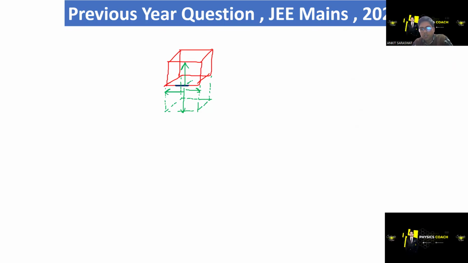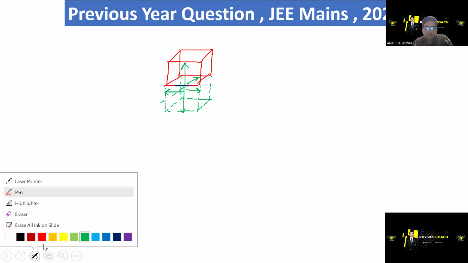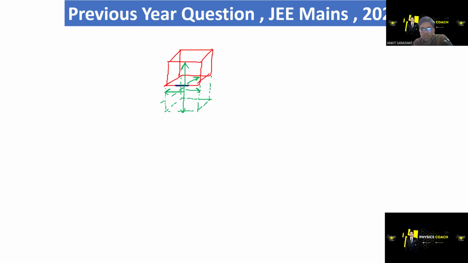Is there any symmetry here? No, nothing is here. Then we have to think what to do. There is a lack of symmetry here, so I will consider one cube here also, and one more cube on the downside. Clear?